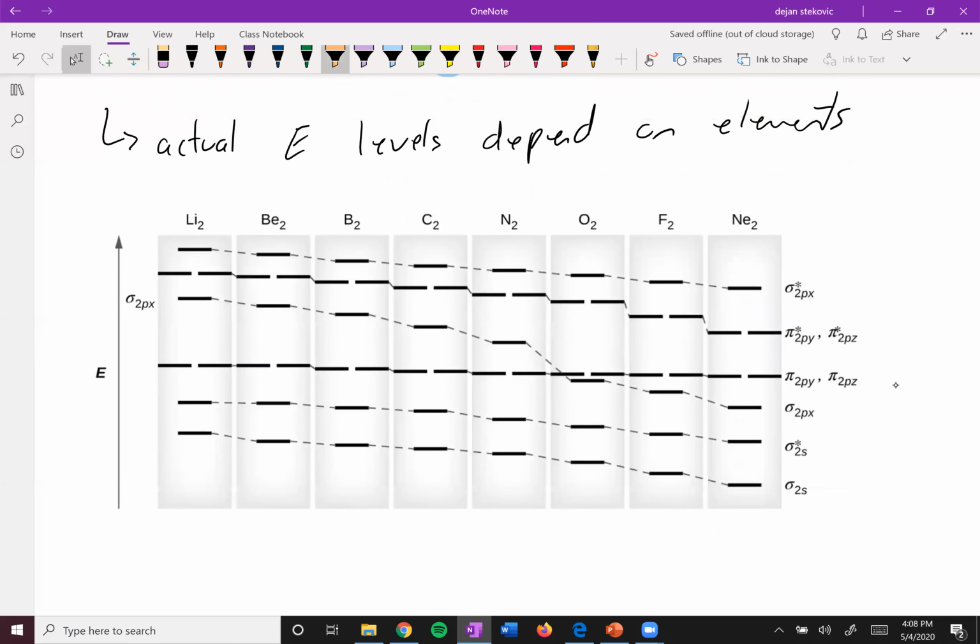So you can see here, it just goes from left to right, lithium, beryllium, boron, right, going across the periodic table. And you can see that the orbitals actually change quite a decent bit, right?